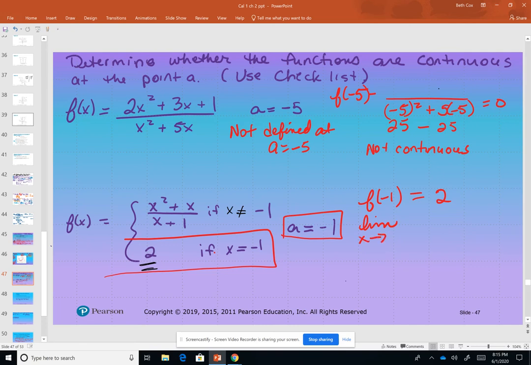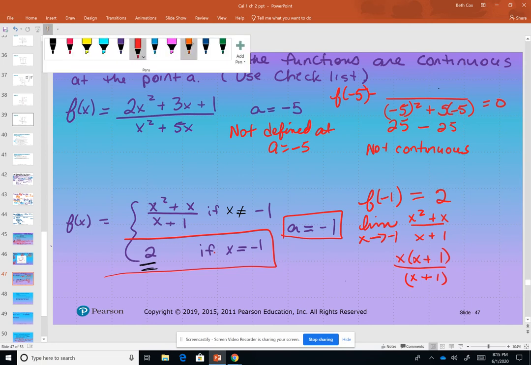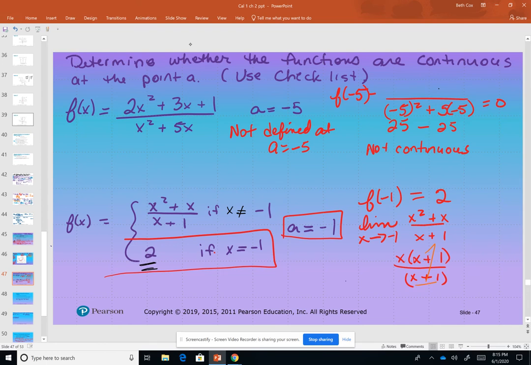Checklist number 2. The limit as x approaches negative 1 from the right and from the left. So we have x squared plus x, or x plus 1. I can't plug it in, but I think I can factor, so let's try that. Yes, I factored it. And that's going to allow me to cancel out.